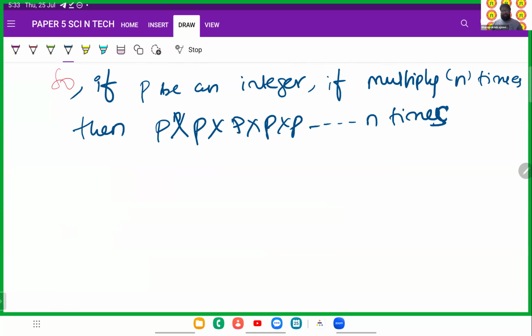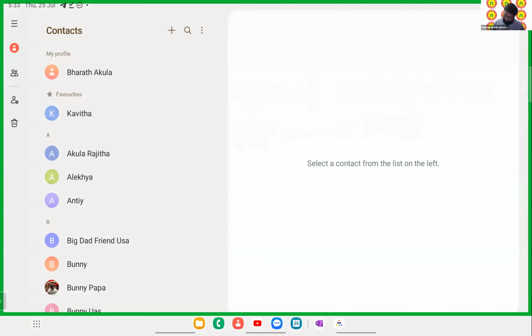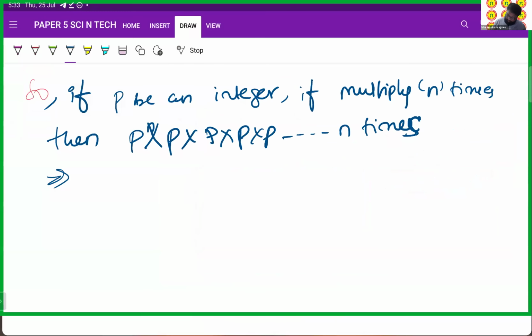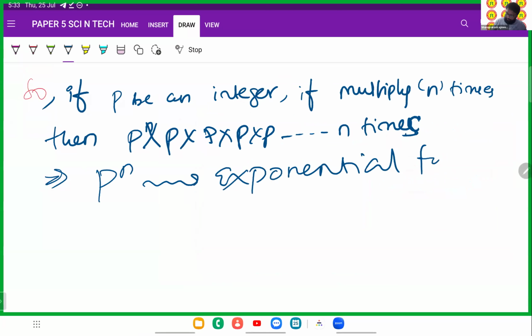So that implies p to the power of n is the exponential form. Okay, this is the exponential form.